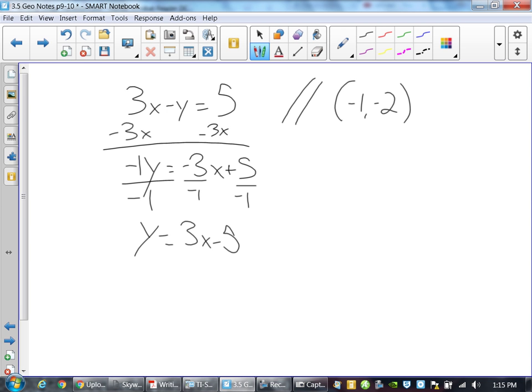Which again gets me to a slope-intercept form of an equation. And it's very easy to get slope out of it, which is 3. What's parallel to 3? 3. So original slope, 3. Parallel slope, 3. Plus 2.